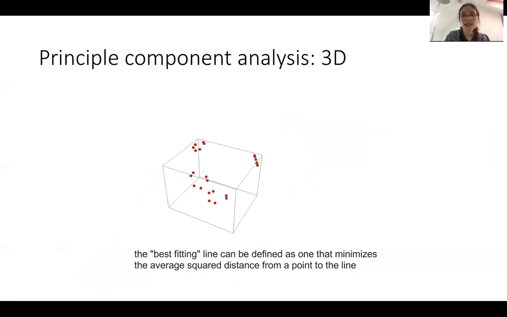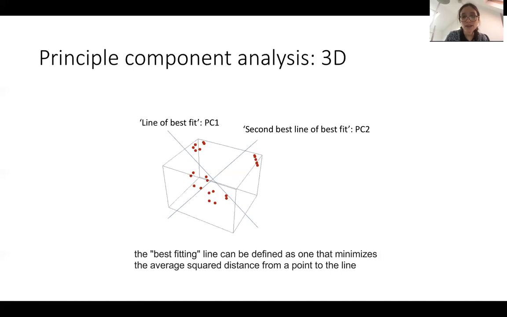Let's extend this to 3D. So now let's imagine that we have 3 columns and we want to describe it in terms of 2 principal components. So the first principal component will be the line of best fit. Then the second principal component will be the second best line of best fit that is at a 90-degree angle to the first line of best fit.